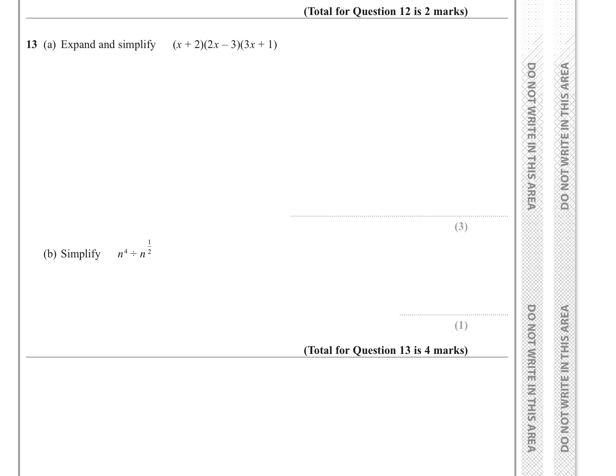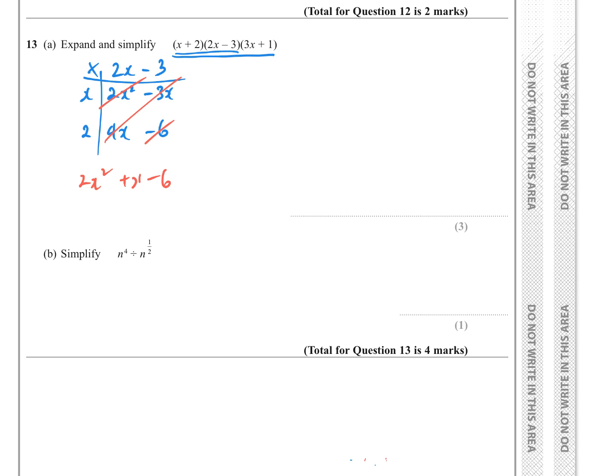Question 13. Let's expand and simplify this expression. Well, let's start with these two brackets first. We don't have to start with those two. We could have started with any two because multiplication, the order doesn't matter. So we'll start with x plus 2 multiplied by 2x minus 3, and that will give us 2x squared minus 3x here, plus 4x, and then minus 6. So that gives us 2x squared plus x minus 6.